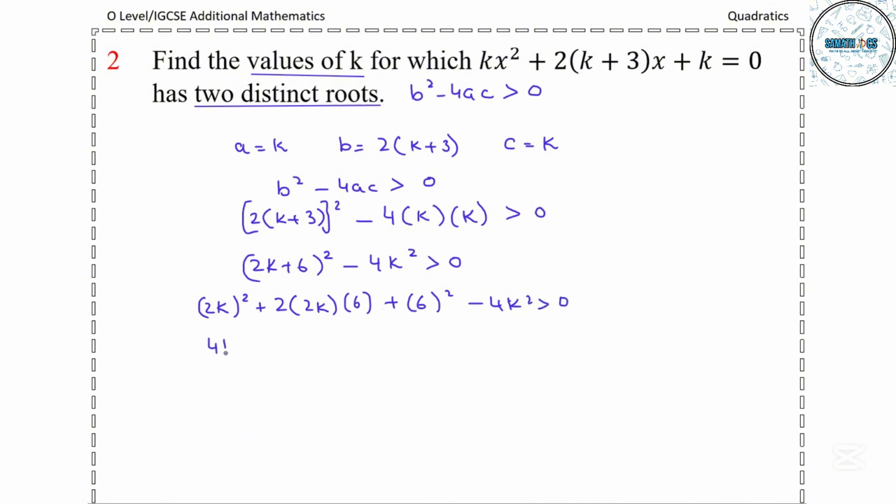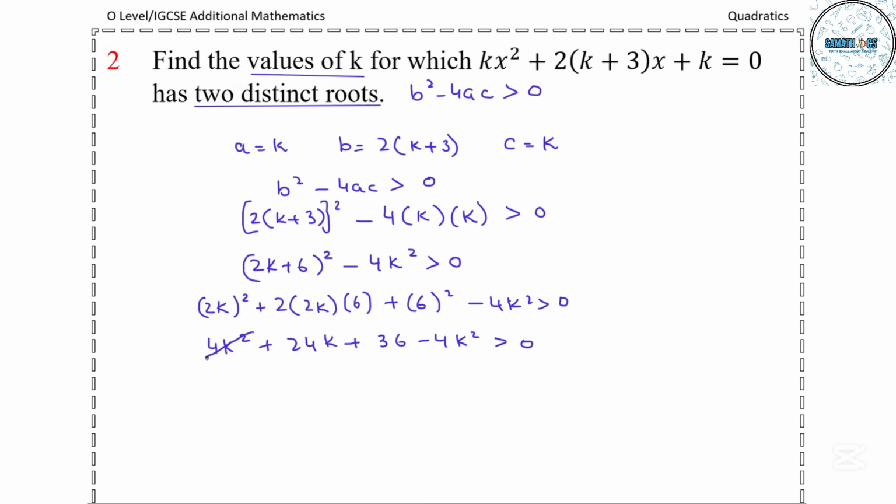We have here 4k squared plus 24k plus 36 minus 4k squared is greater than 0.